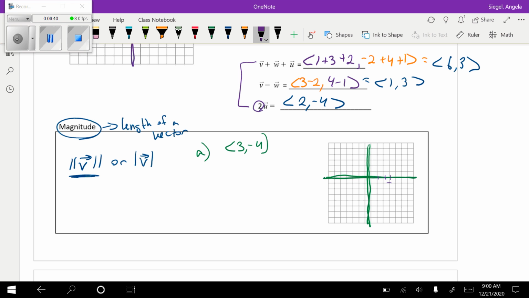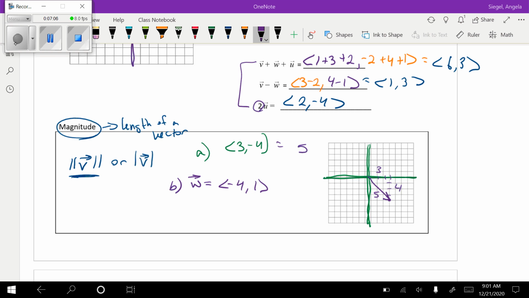So we have 1, 2, 3, 1, 2, 3, 4 right there. So our vector is going to look like this. So we have, just like I said before, 3, 4, and obviously with Pythagorean's theorem, it's 5. And the vector is the definite length, so the magnitude would be a length as well. So then our answer would be 5.